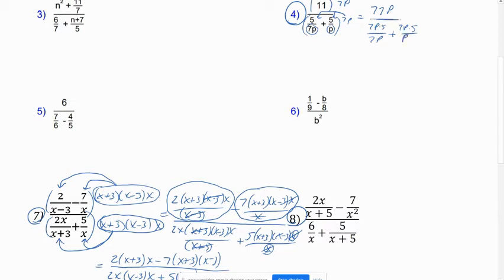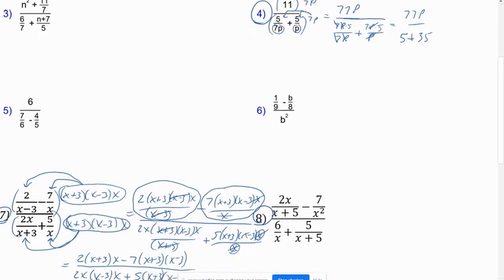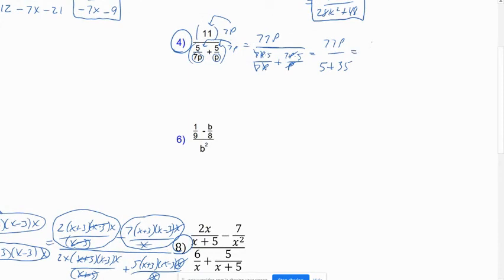And so on top, again, we just have 77p. In the denominator, these 7's cancel, these p's cancel, I just have 5. And then these p's cancel, I have plus 35. And so what I end up with as my final answer is 77p over 40.